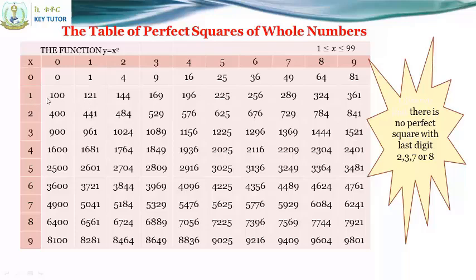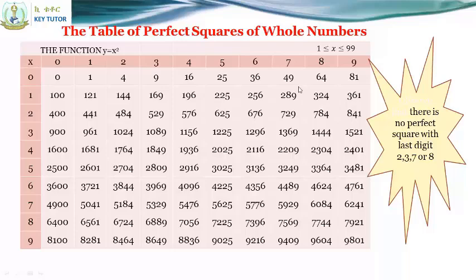This is how you read. If you want to read, say, 19 squared, you take row header 1 and column header 9. The junction gives us 361, which is 19 squared.